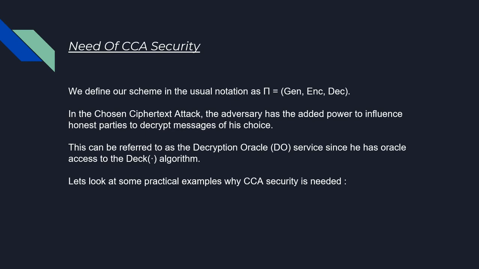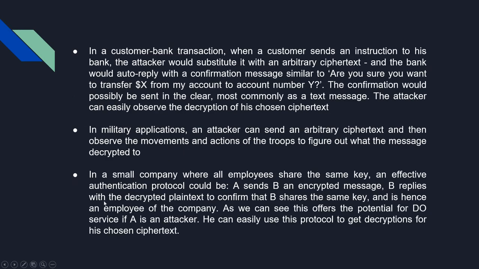And now let's look at some practical examples of why security against this type of attack is actually needed. Let's consider the first example. Suppose we have given an adversary the power to choose a random ciphertext and get the decrypted plaintext corresponding to it.